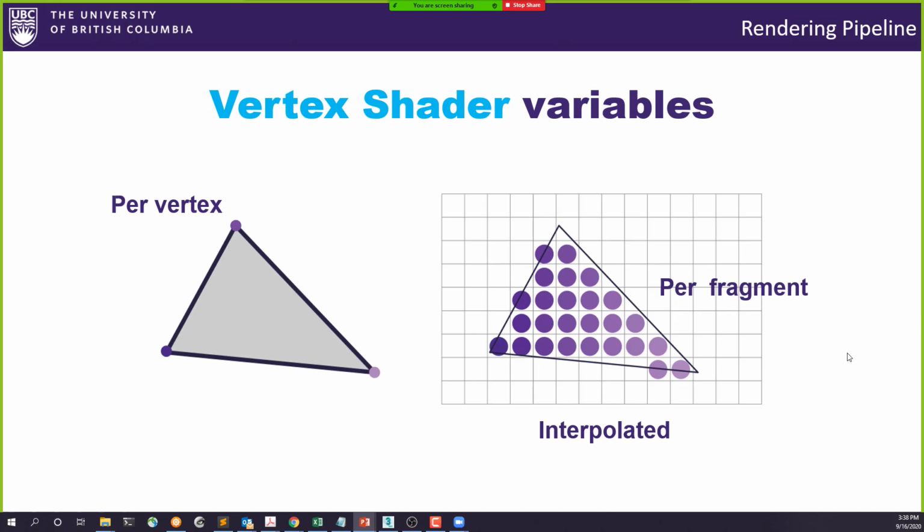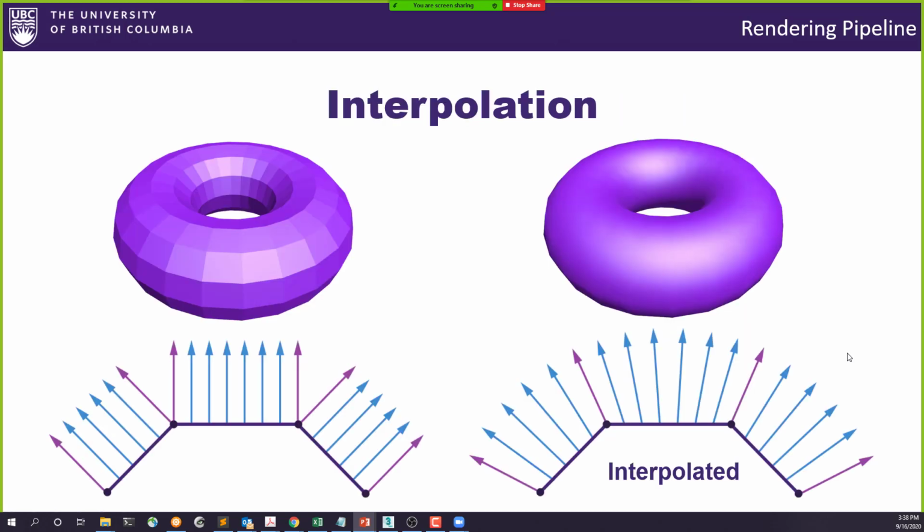The same happens with the normals. The normal is also information that is interpolated when it goes from the vertex shader to the next stages. So we already said that a normal is the direction that is orthogonal to the surface, right? So usually you compute the normal as the cross product from the triangle, right?